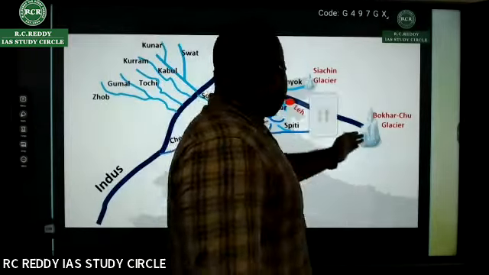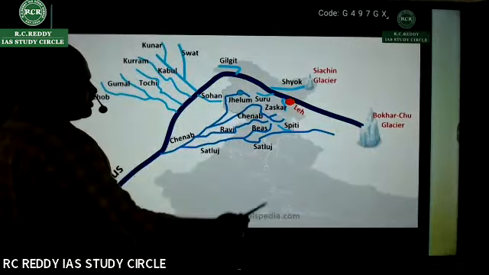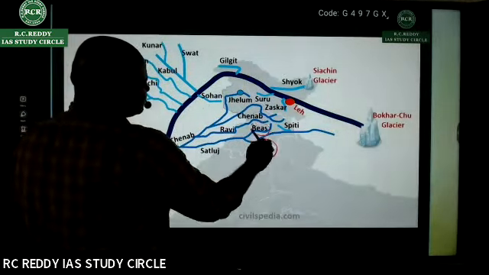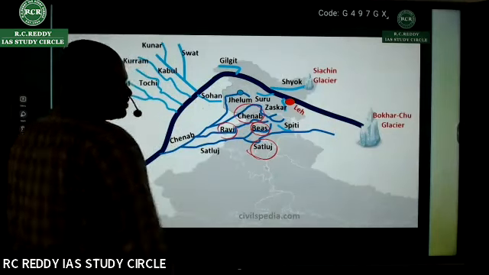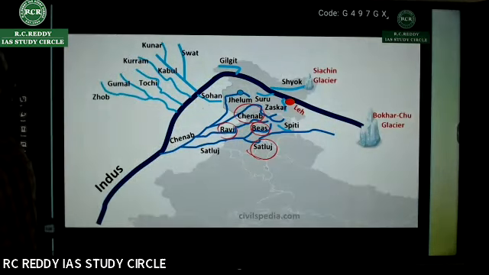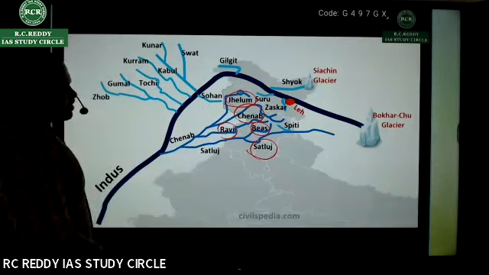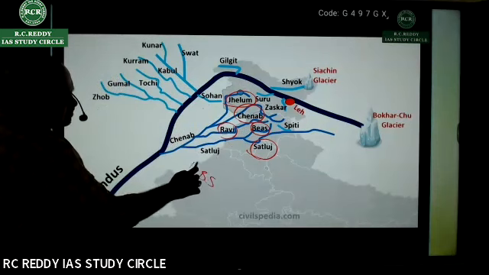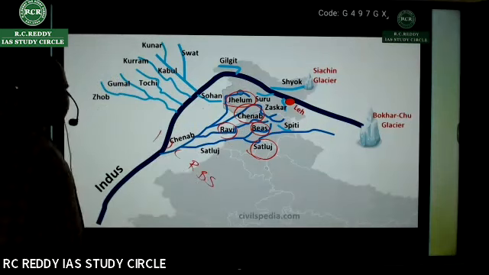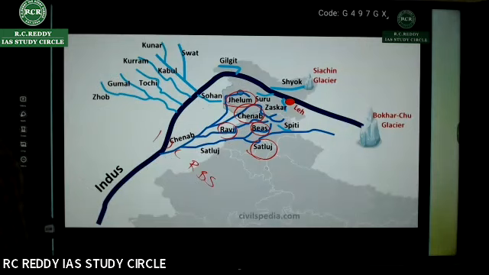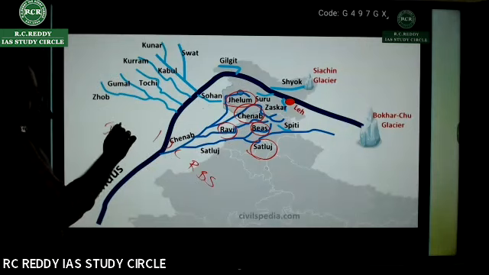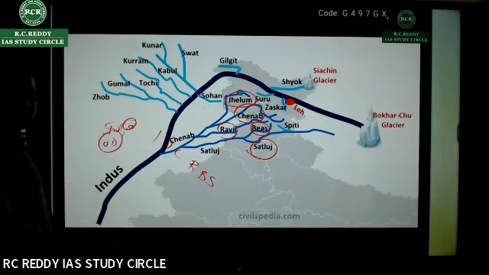Then this is with respect to Indus. You people look at Indus. Now especially have clarity with respect to Sutlej, Beas, Ravi, Chenab, Jhelum, and Indus. Now, what is the order? S, B, R, C, J, I. SBR, CJI. We have the Indus Water Treaty 1960, which was brokered by the World Bank.